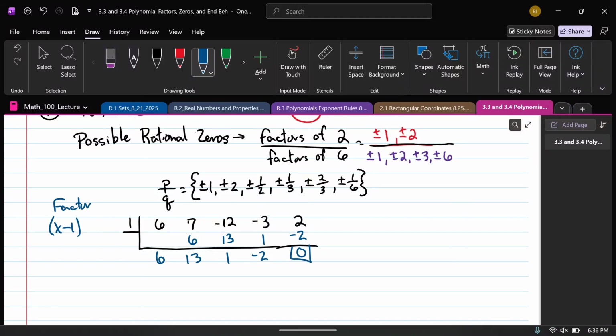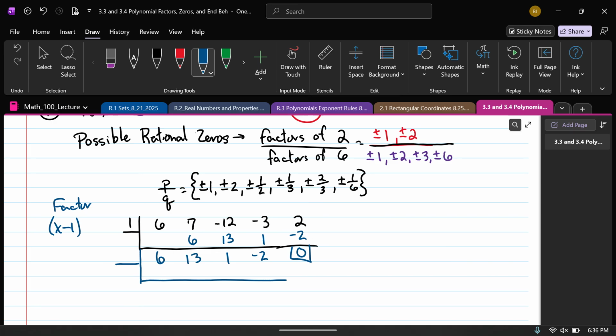Okay? Now, here's the cool thing about breaking down a polynomial without the hints. When it was x to the 4th power to start with, what is the quotient going to end up being here? Is it x squared or x cubed? X cubed. That means I need to do synthetic division again. And the good news is I have another number that I can put on the shelf from my graph that's also in my P over Q list.